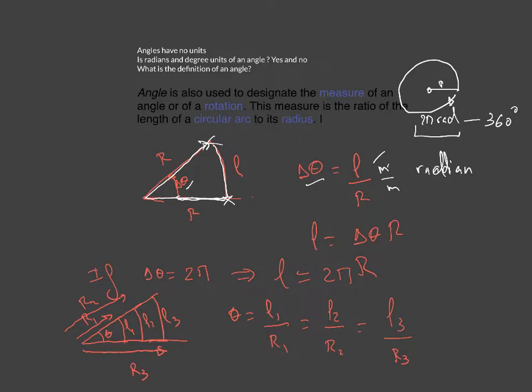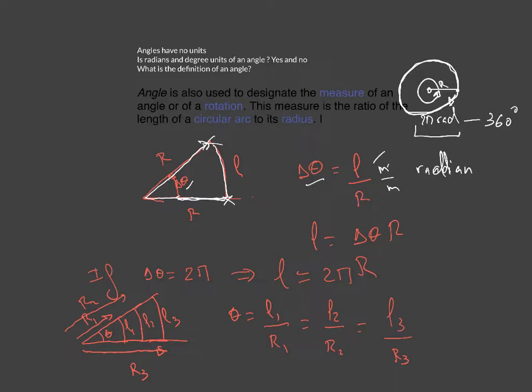We rotate the angle one turn, and we end at the same point. This rotation is 2 pi, okay? And 2 pi corresponds to 360 degrees. The radian is not a unit as such, it means that you are rotating.